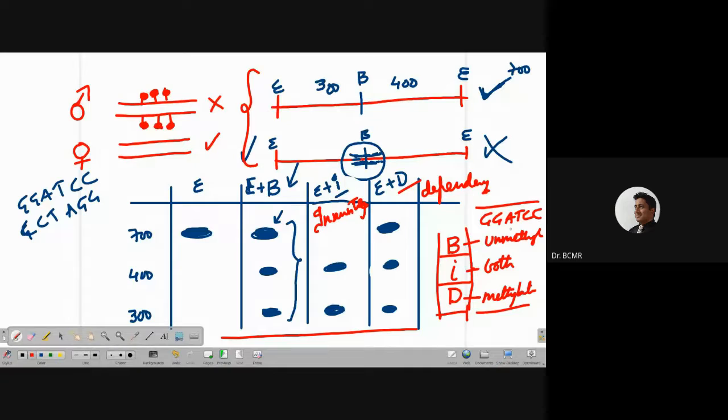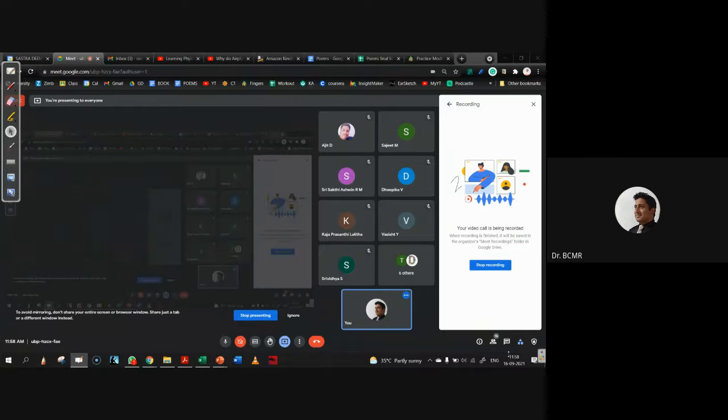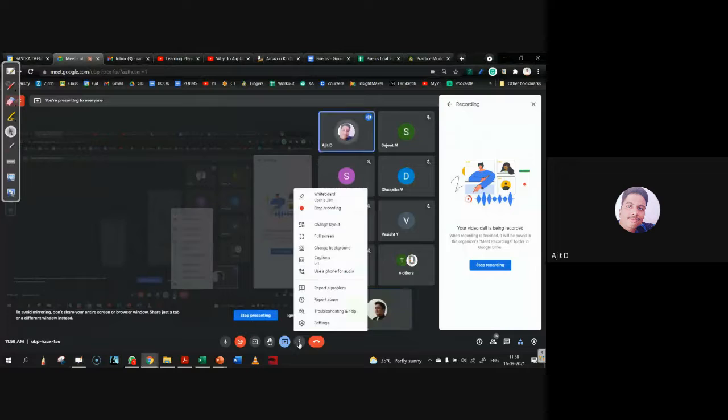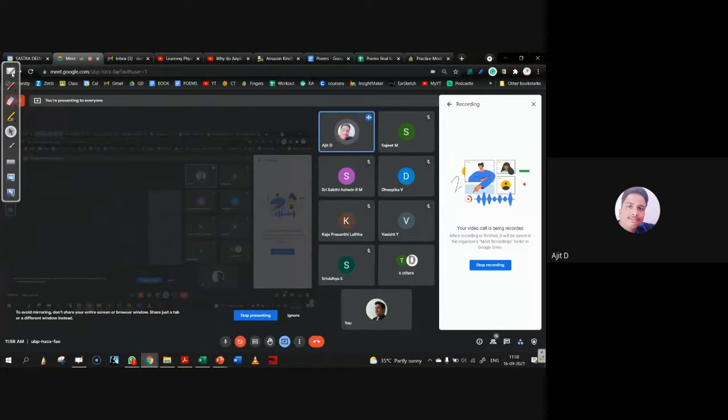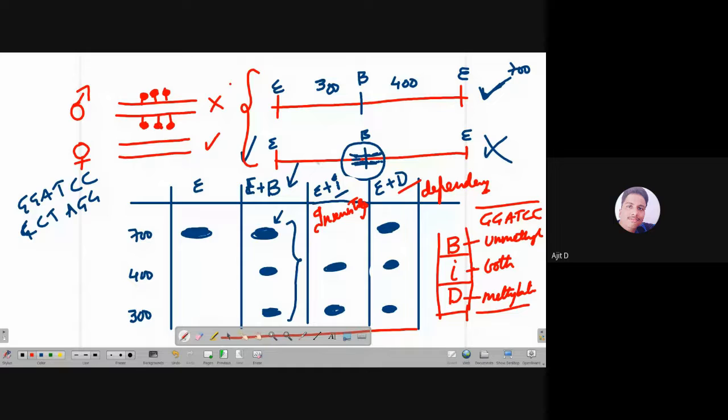Okay? Any questions? Anybody? Sir, based on these patterns in terms of insensitivity or methylation dependency, if it's given in a question, and also based on the bands, in that way we can relate the heritability if they've given any individual sequences.